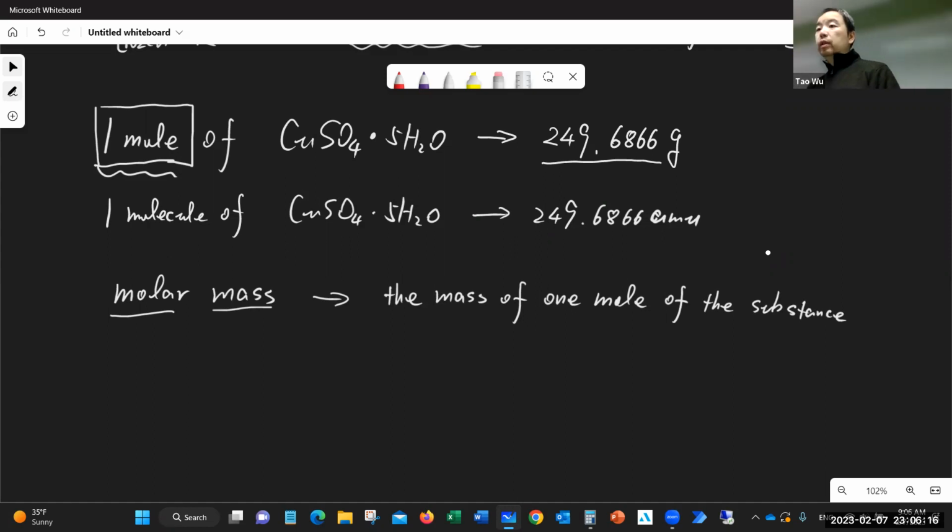Now here we know 1 mole of copper sulfate pentahydrate is 249.686 grams. That's why we call it the molar mass.